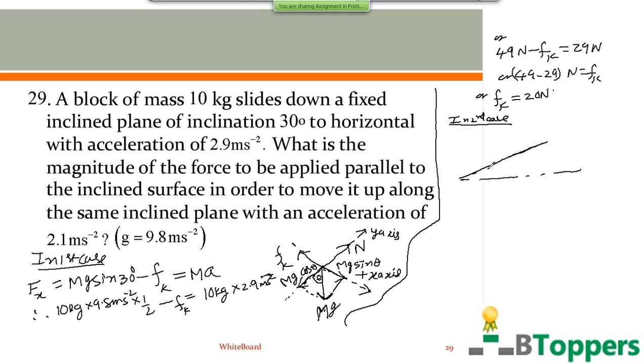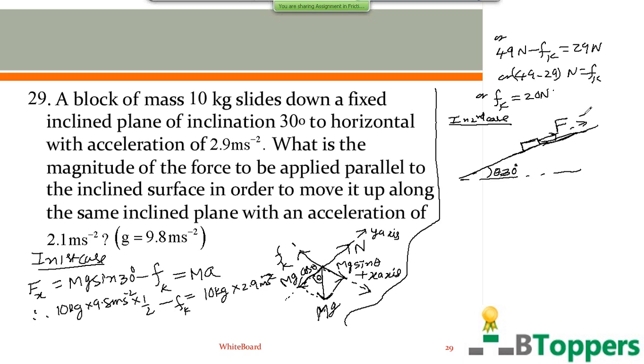So the block moves up along the inclined surface which makes an angle theta equal to 30 degrees to the horizontal. Let F denote the magnitude of force to be applied on the block in the direction of the motion.